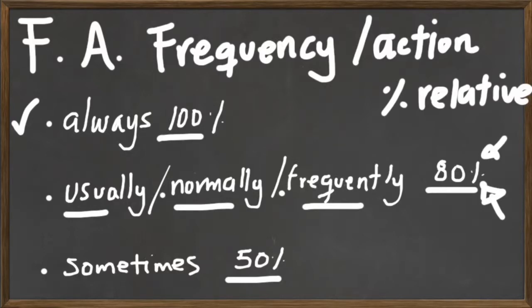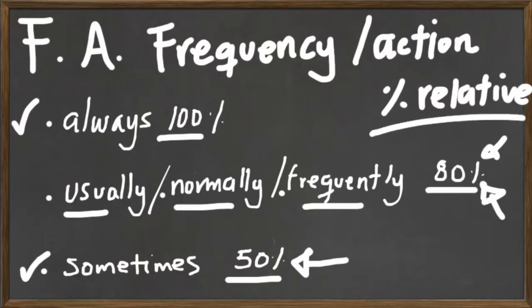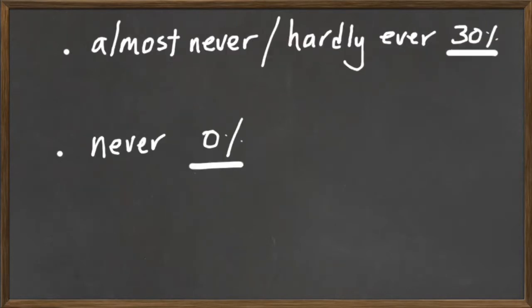Okay, we also have sometimes, sometimes, sometimes. Sometimes indicates 50%, maybe 60, maybe 40. It's, again, relative. Okay, let's continue. We have two left, which are almost never and hardly ever.